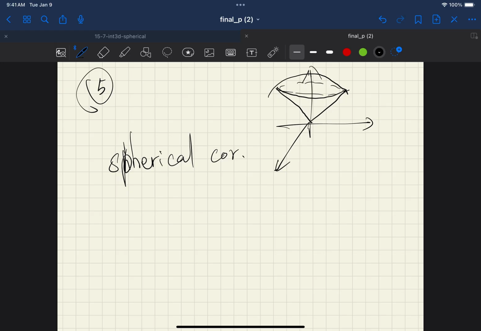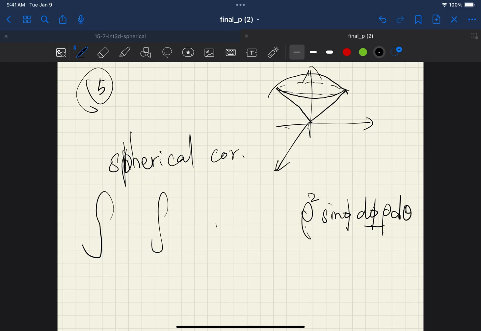In other words, our formula is rho squared sine phi d rho d phi d theta, but phi is changing. You can think of the umbrella gradually opening to this angle, so this is pi over 3, right?